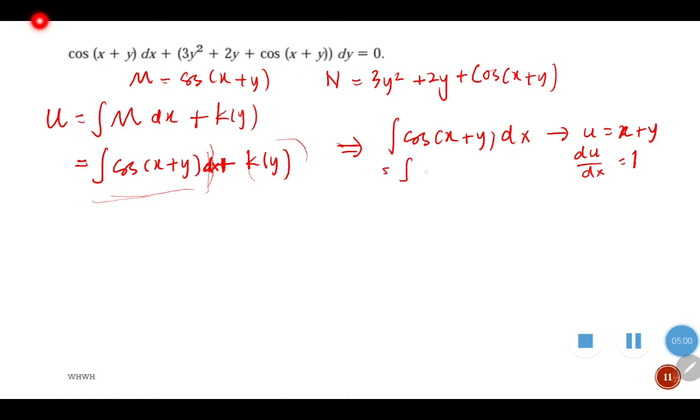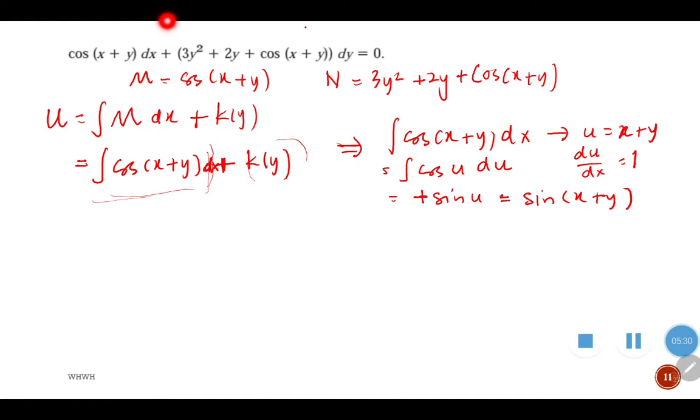So you're going to have the integral of cos u du, because du over dx equals 1. Integrating cos, you will get sin u, positive sin u. Tak payah plus c lagi, no need for plus c yet. So your answer is going to be sin(x + y).